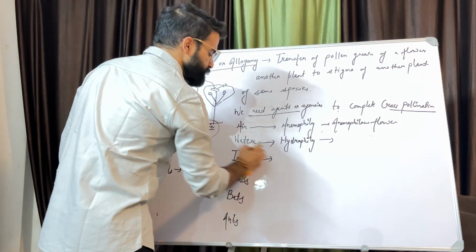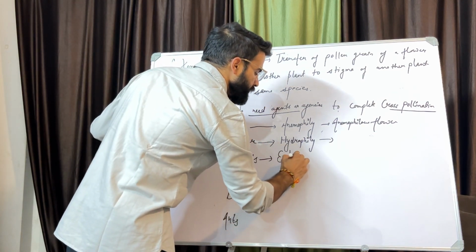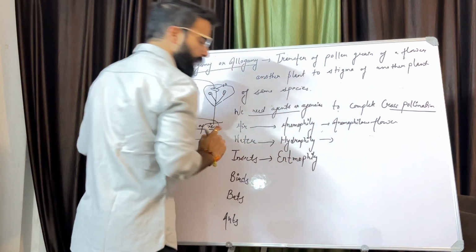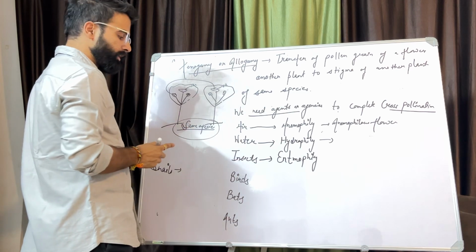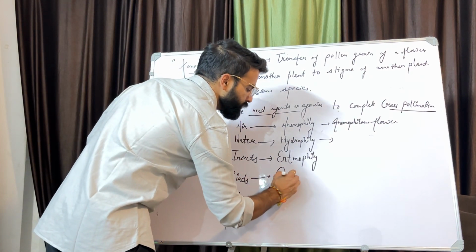Pollination by insects is known as entomophily. The flower is entomophilous flower. Pollination by birds is known as ornithophily.